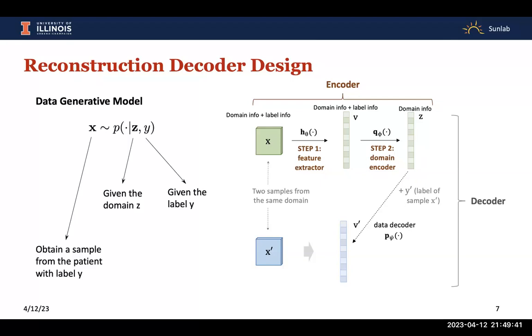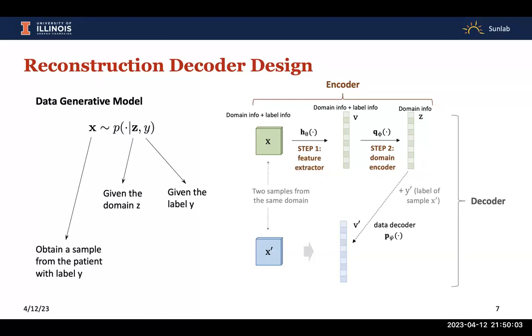Actually in implementation, we use concatenation: this Z concatenated with the label of the sample X prime to reconstruct the sample X prime. Actually, here we reconstruct the feature representation of this X prime by another neural network P.